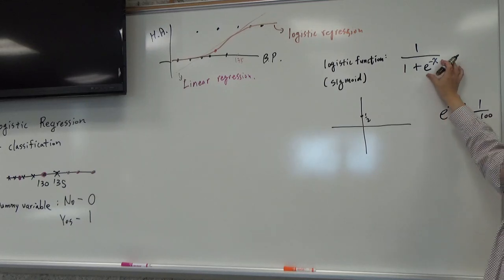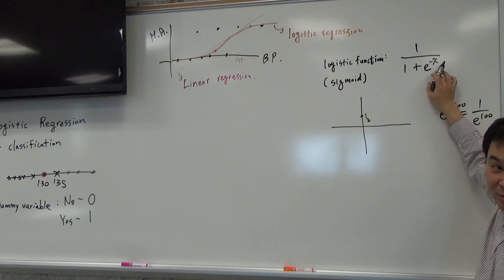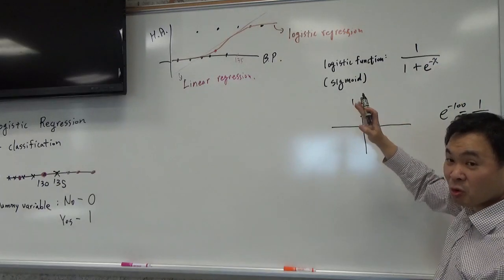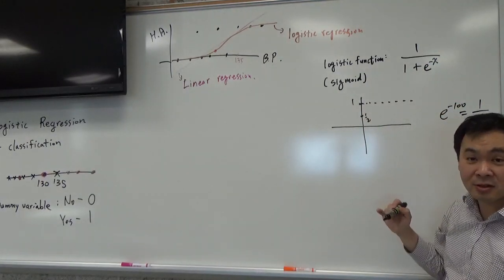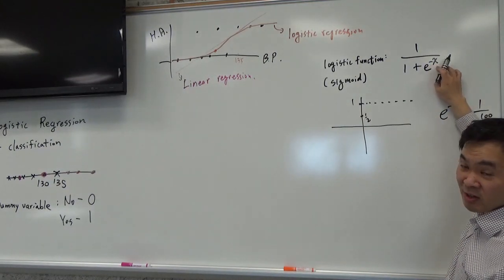So if this is close to 0, what happens to the overall value? 1 over 1 plus 0 is 1. So you see that as x goes further to the right, it gets closer and closer to 1. Okay. What if x is negative? Well, negative of negative is positive.